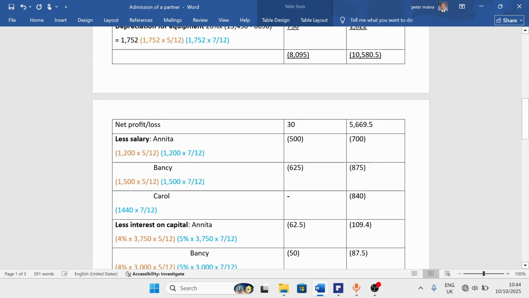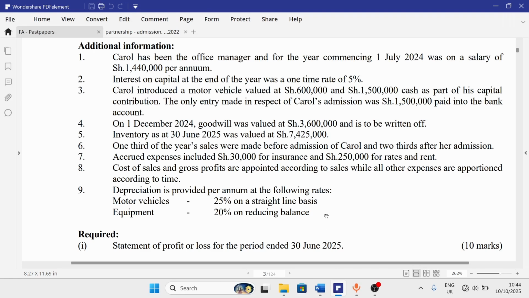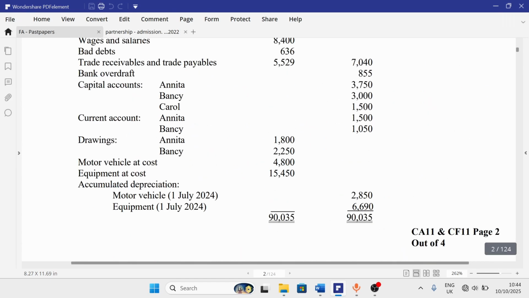So after we have recorded everything in the appropriation part, the next thing is to show their drawings. Remember, we don't have interest on drawings, but in the question, the partners had made drawings. So let us go to the question and determine the amount of drawings for each partner. The drawings amount for Anita is 1800, and that one for Bansi is 2250.